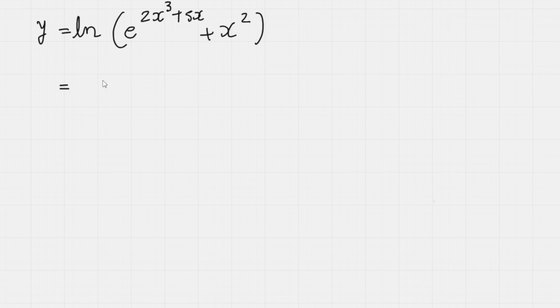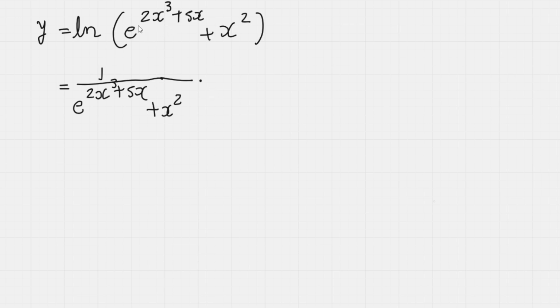The derivative of ln is 1 over whatever is inside the ln. So 1 over e^(2x³+5x) + x². Now in the multiplication we write the derivative of the inner function.